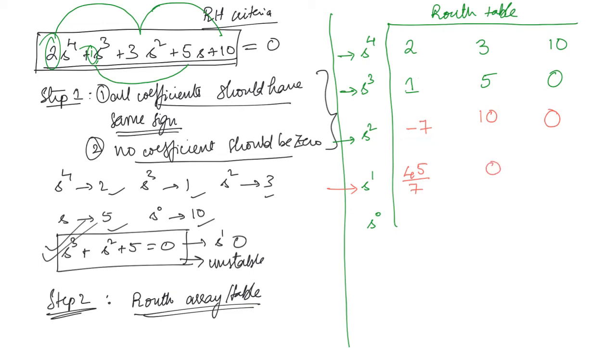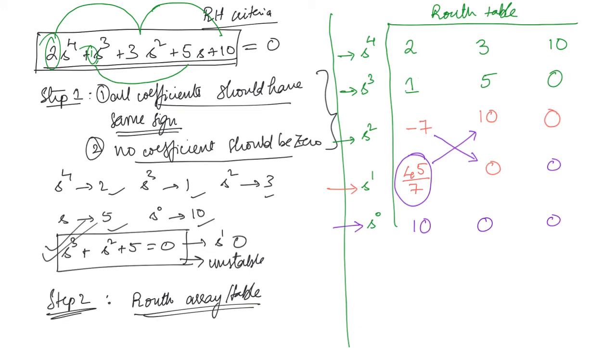And finally you have in this row 45 by 7 into 10 minus 7 into 0 divided by 45 by 7. So this you will get as 10. The rest of the elements you simply fill with 0, so we will not be needing them. So this is how we complete the Routh table.